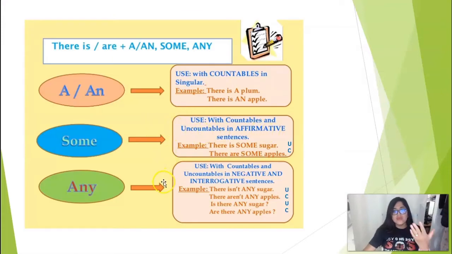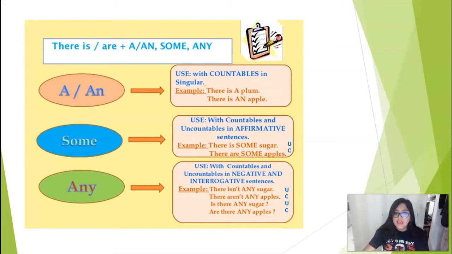Now, when do I use a, an, some, or any? It is very easy. I will use a or an for countable nouns in singular, right? So here, for example, I have, there is a plum, or there is an apple.